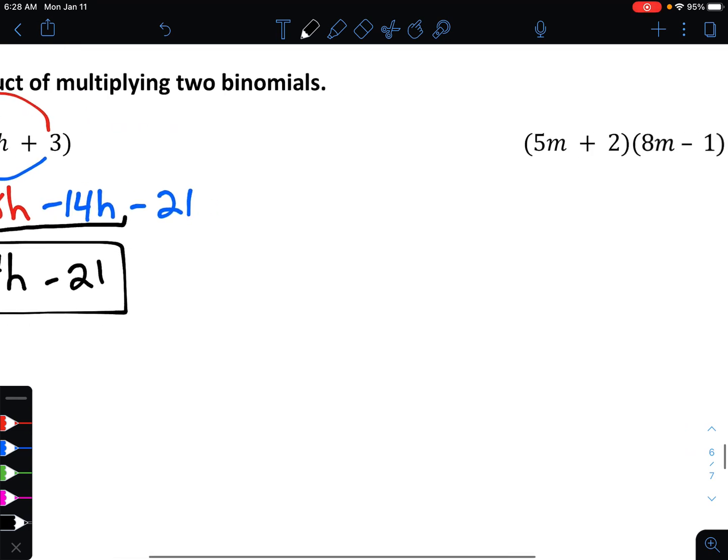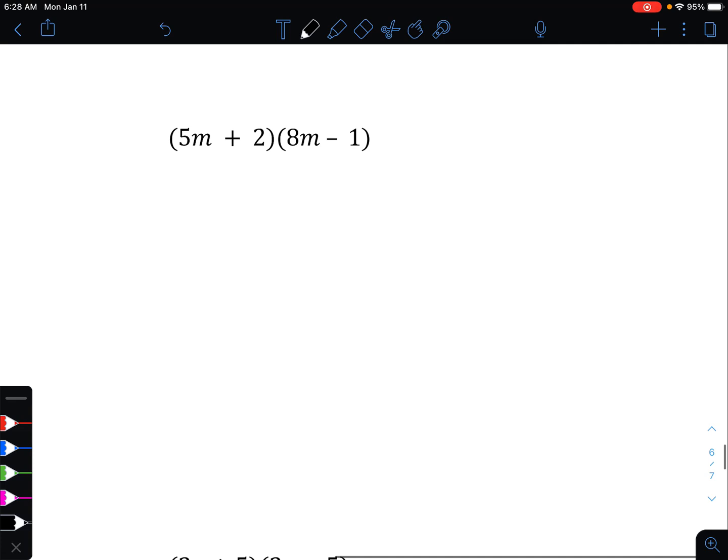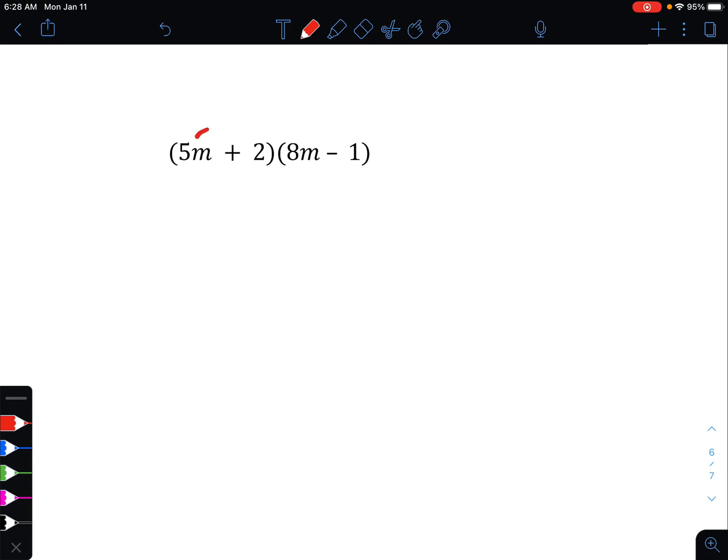All right, let's take a look at another example. So we've got 5m plus 2 multiplied by 8m minus 1. Once again, same idea. We're going to take our first term, which is 5m, and distribute it first. So 5m multiplied by 8m is 40m squared. And then 5m multiplied by negative 1 is a minus 5m. Next up, we'll distribute this 2.